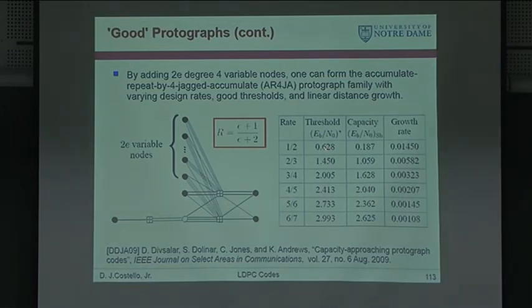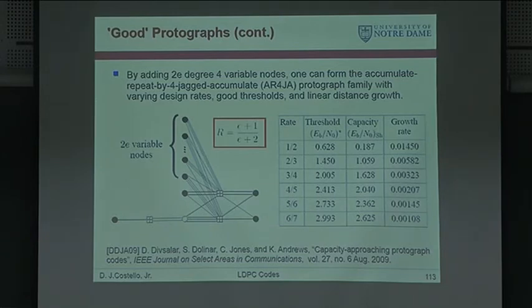Thresholds are, if you look, compared to capacity, about 4/10 of a dB away from capacity, which is pretty good. And they have linear distance growth. Otherwise, the strengthening of the graph with higher degree variable nodes made the codes asymptotically good, even though they're still irregular.